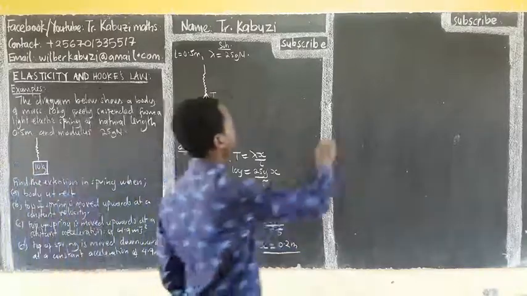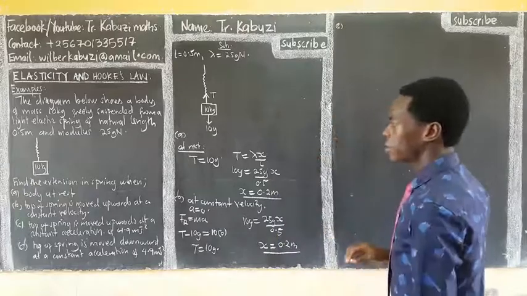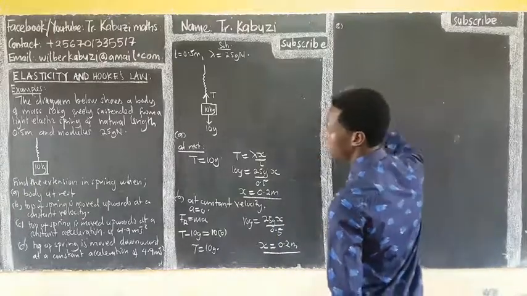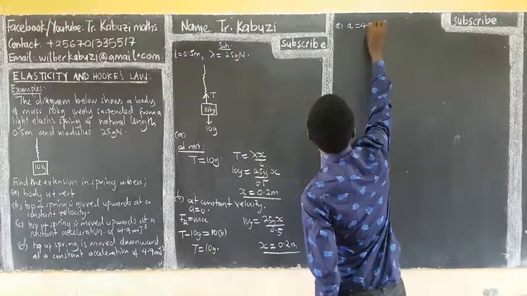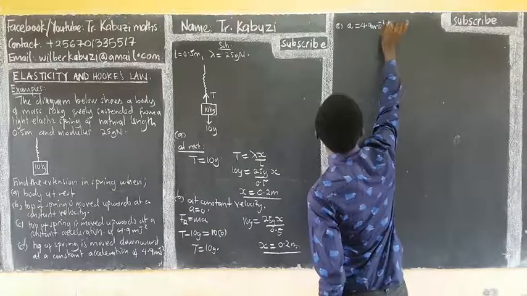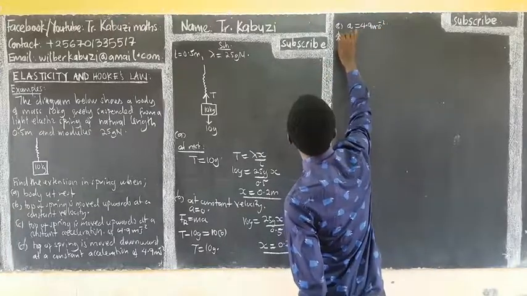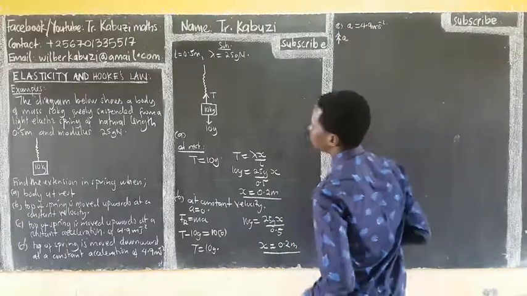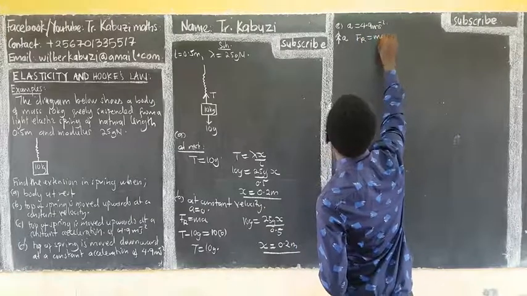Okay, part C is telling us that the top of the spring is moved upwards at a constant acceleration. They are giving us the acceleration as 4.9 meters per second squared, so the acceleration is acting upwards. Of course, we are using Newton's second law of motion.